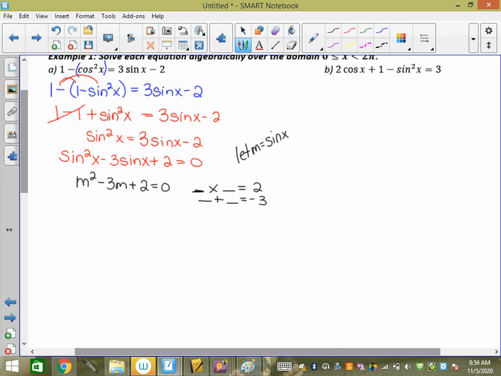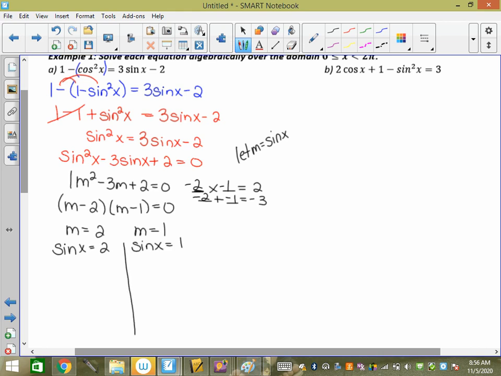Negative 2 and negative 1. And I don't have to do decomp because I have a 1 in front of my m squared. So I get m minus 2, m minus 1 equals 0. So m equals 2, m equals 1. So sine x equals 2, sine x equals 1.